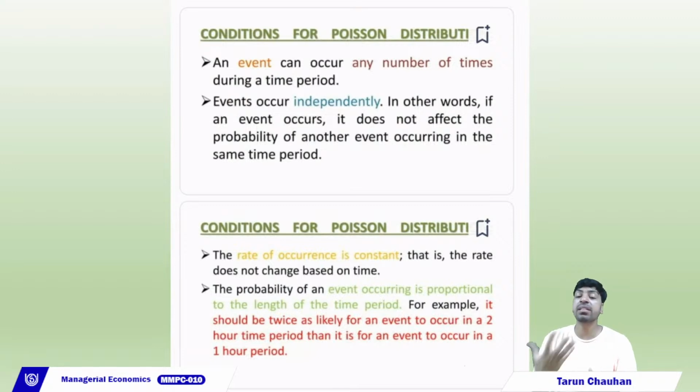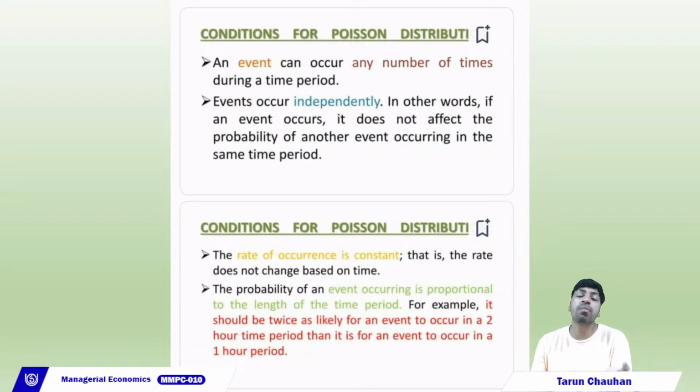This is also the identification of the Poisson distribution. Why am I saying this? Because most students and learners become confused, since the question sometimes does not prescribe whether to use the Poisson or the binomial. So you need to identify whether it is a binomial question or a Poisson distribution question. In binomial, it's easily understandable that there are two possible outcomes, head and tail, or success and failure.